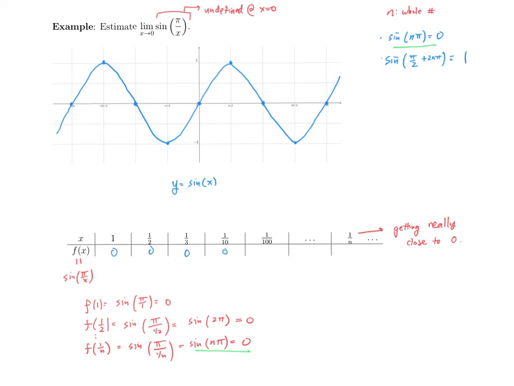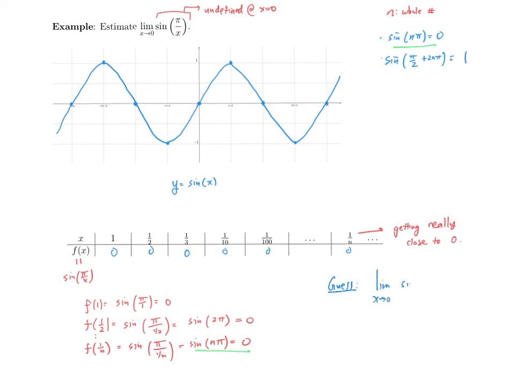So as we substitute in these inputs, getting closer and closer to 0, all of those associated outputs are becoming closer to 0. And with this in mind, we now have a guess.